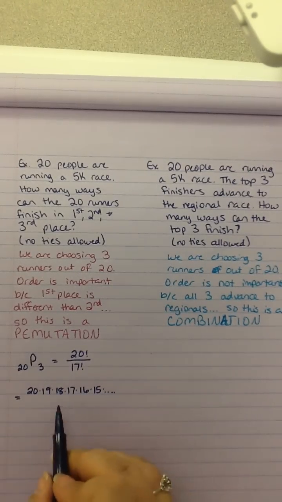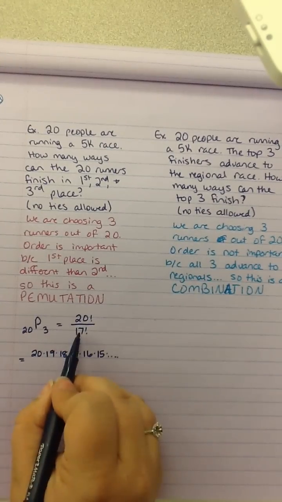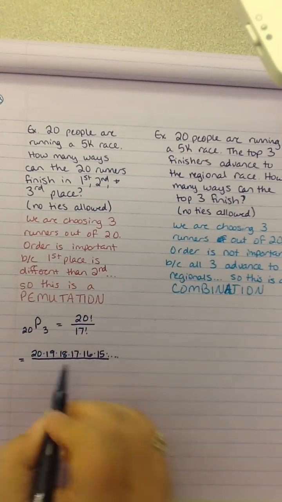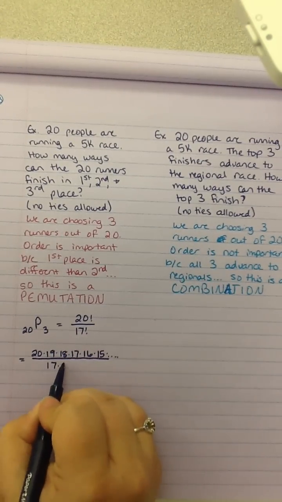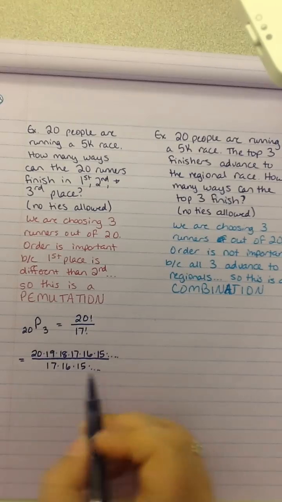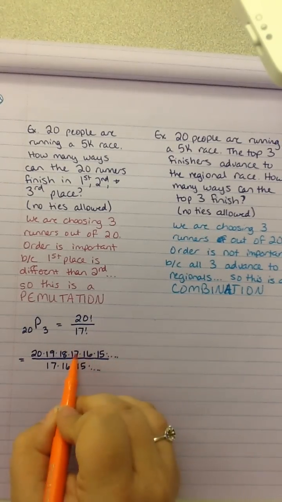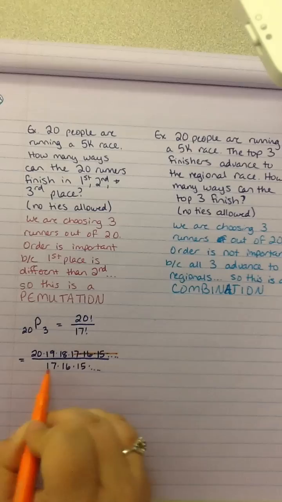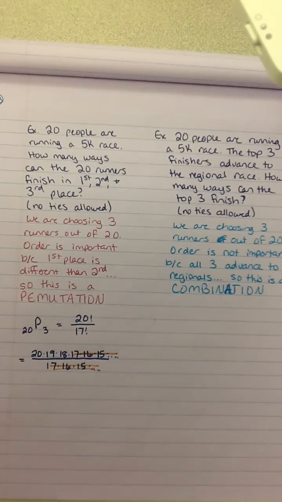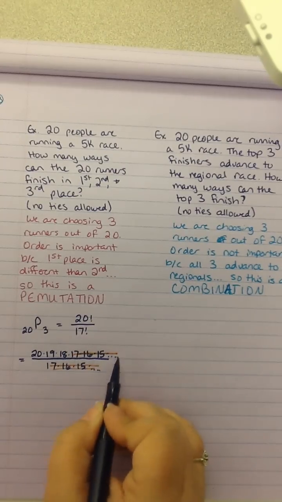Okay, I don't want to write out all those numbers. I don't know if you do or not, but notice this one starts at 17. So I'm going to start the denominator at 17 and just write a few, because as you can see, this 17, 16, 15 and all that other stuff is going to cancel with this one. So once I cancel that, I didn't need to write out all those numbers.